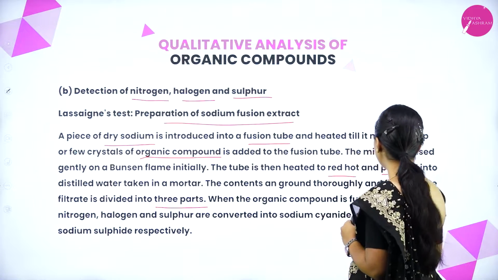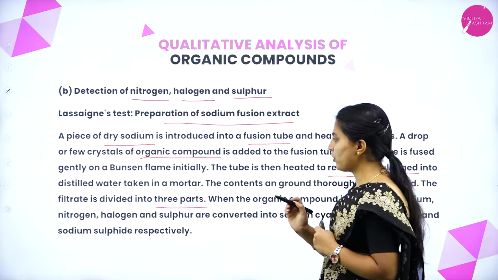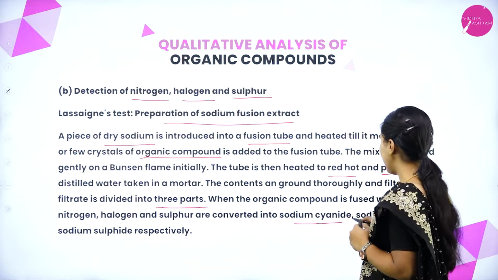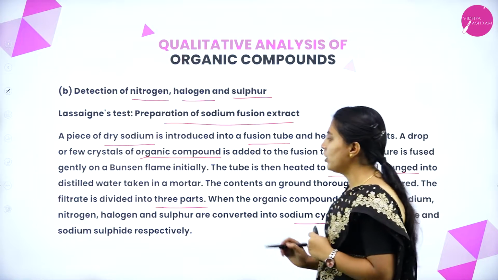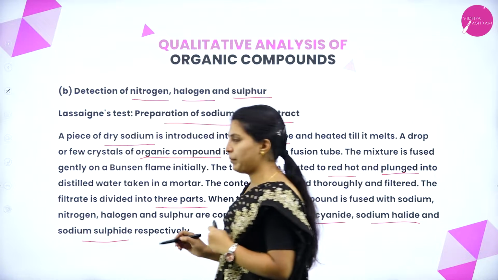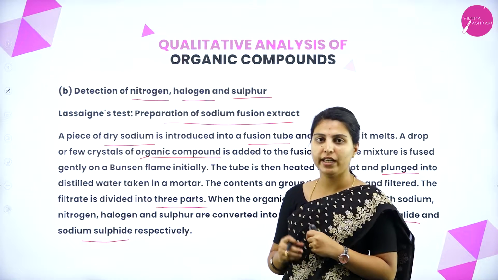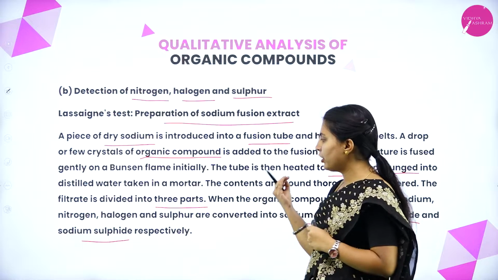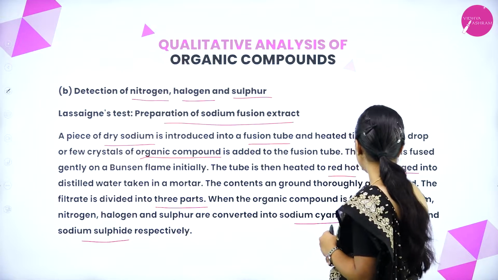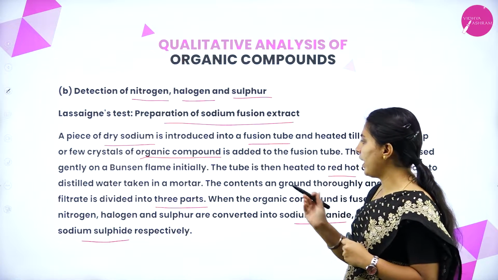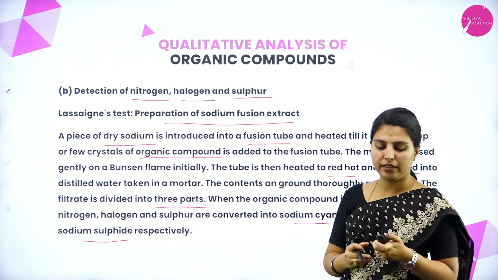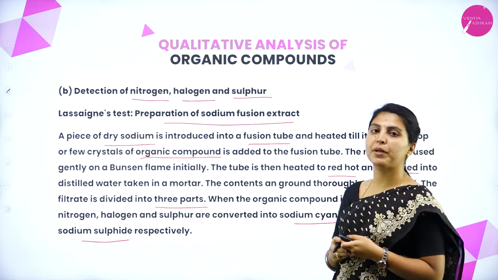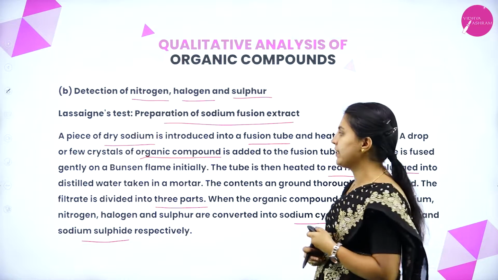When the organic compound is fused with sodium, nitrogen and halogen and sulfur are converted into sodium cyanide, sodium halide and sodium sulfide respectively. Okay, this is about the Lassaigne test or preparation of sodium fusion extract.